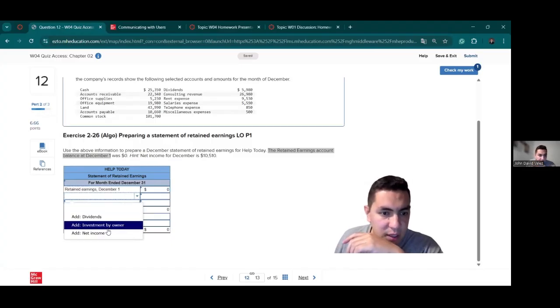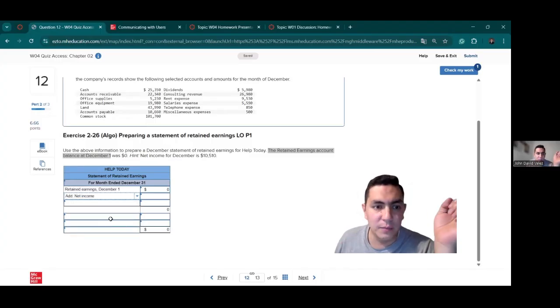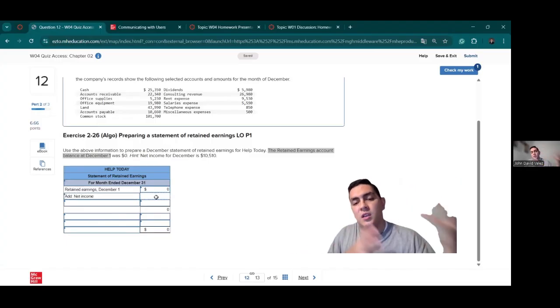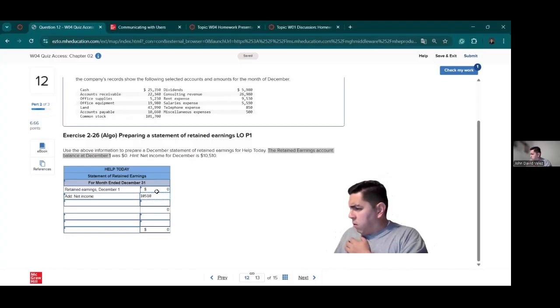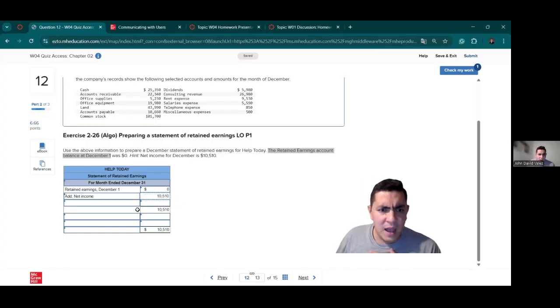And we use the net income in the statement of retained earnings. The first one is to add the net income. So we use the net income that we already computed, that was 10,510. Now we need to subtract dividends.